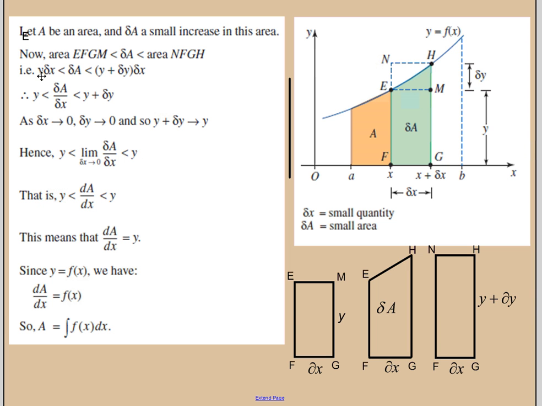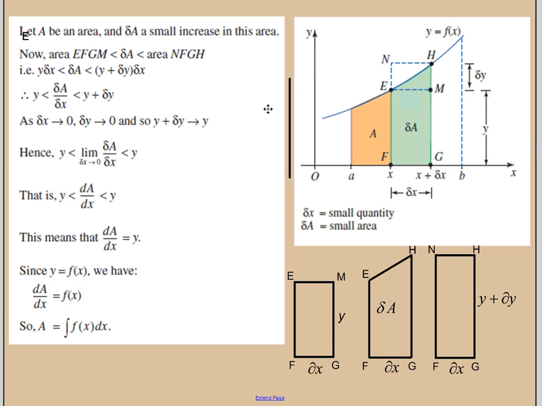So as we can see, the first one, y delta x, is less than the actual area delta A, which in turn is less than the larger rectangle, delta x times y plus delta y. If I divide by delta x, we end up with y is less than delta A over delta x, which is less than y plus delta y.